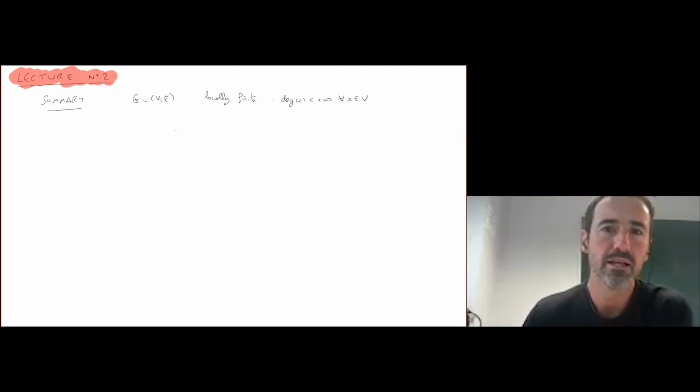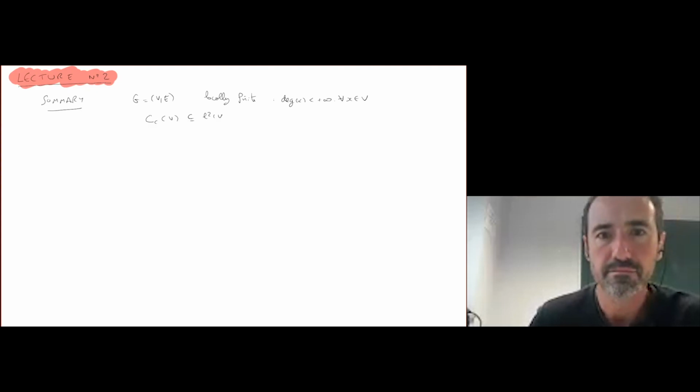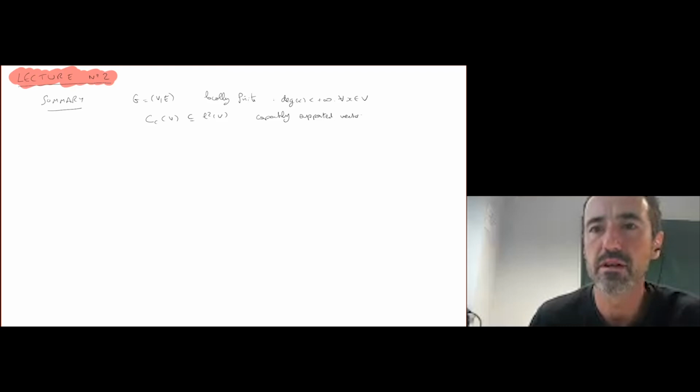And when you are in this setup, you can define, at least for compactly supported vectors of L2, the adjacency operator by just the usual formula.